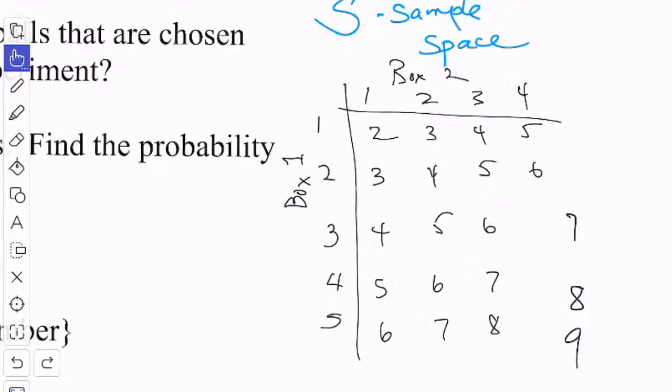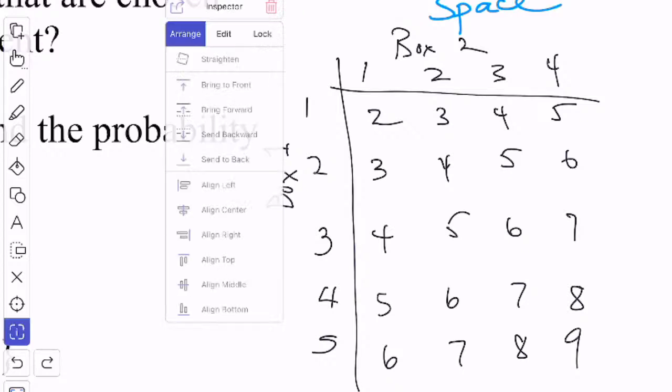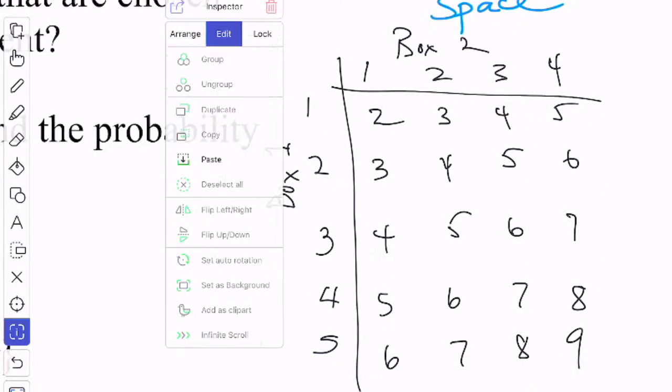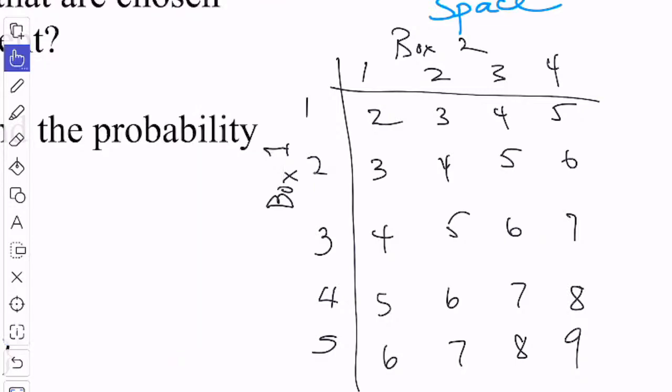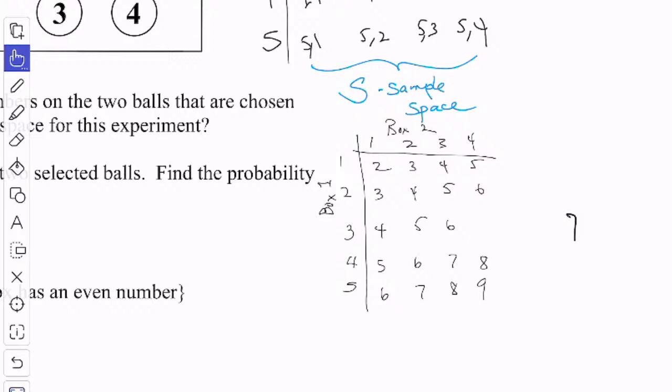I lost my, let me go back there. Why would it do that? Let's put those together. Okay, so let's put those. I lost the 7. I don't know why this happened.